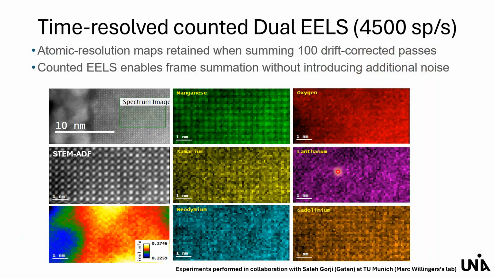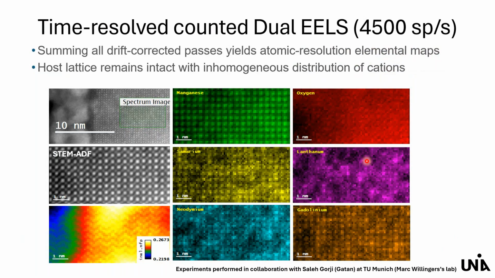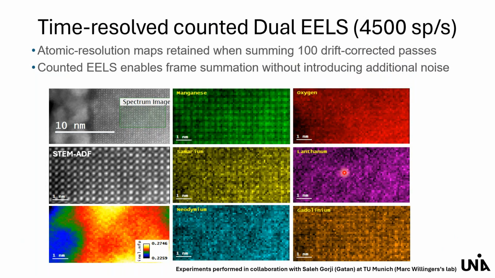Also the lanthanum, you see the dark region clearly pronounced for the 700 frames. It's also present here for the 100. So it's actually the same structure, but of course a little bit more noisy. But you don't get a change in the composition when you look at the different frame sets.